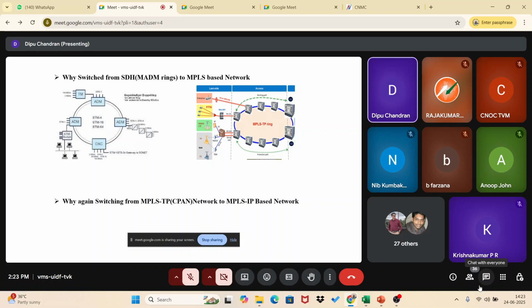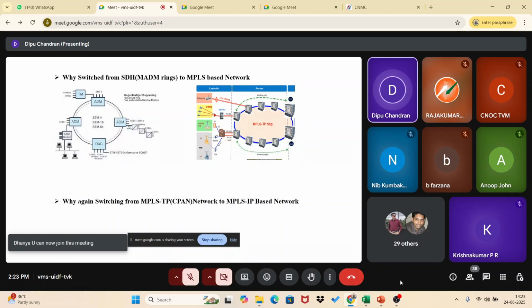So what happens if I have an STM64 network? I can provide a maximum of 10 LCOs, or if I curtail 1G to 4 STM1s, providing him 600 Mbps, I can go up to 15 or 16 LCOs in an STM64 ring itself.